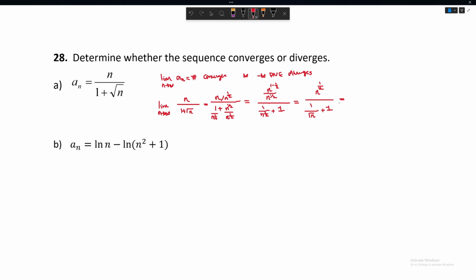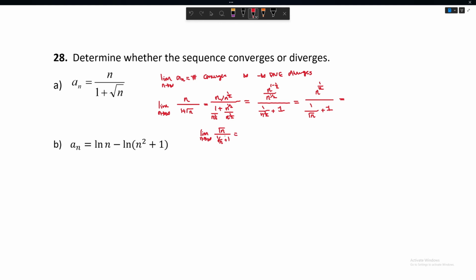Now, let's assume I don't know the limit of this. How can I take the limit? So let me rewrite it in proper syntax: limit as n goes to infinity of root n over 1 over root n plus 1.